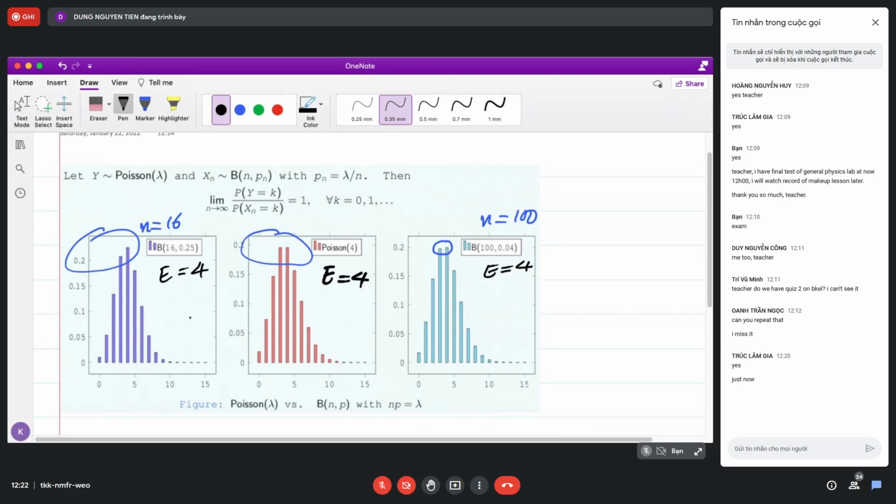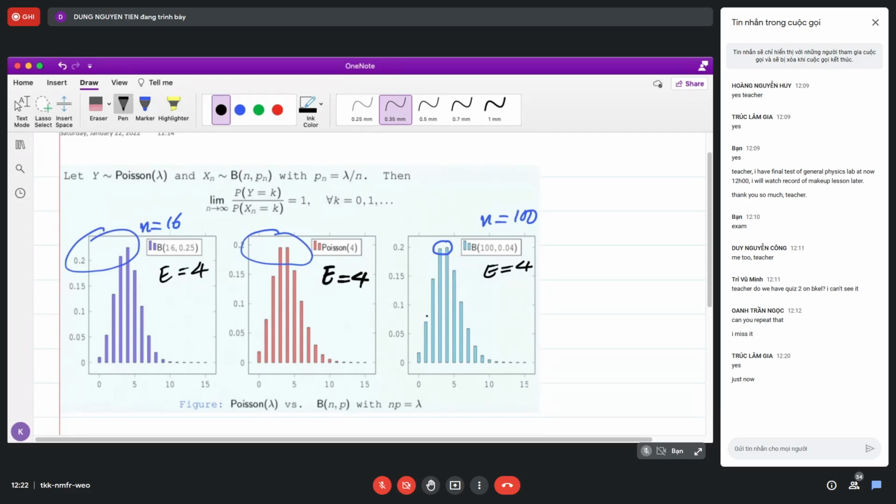However, the first and the second distribution are different, right? But it is normal to see that they are different because the first one is a binomial distribution and the second one is a Poisson distribution. But when you have a look at the last two distributions, you get a surprise because they look very similar to each other, even though they are two different distributions. The first one is a Poisson distribution.